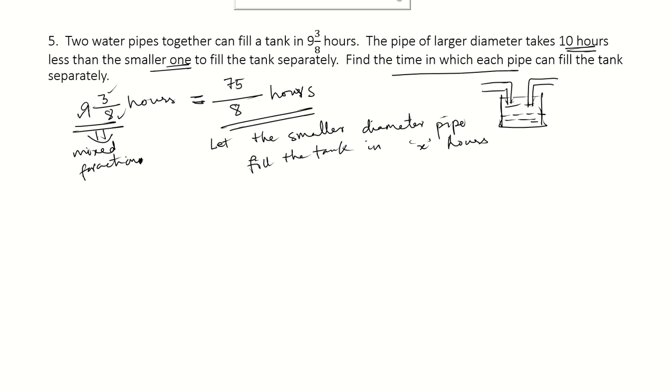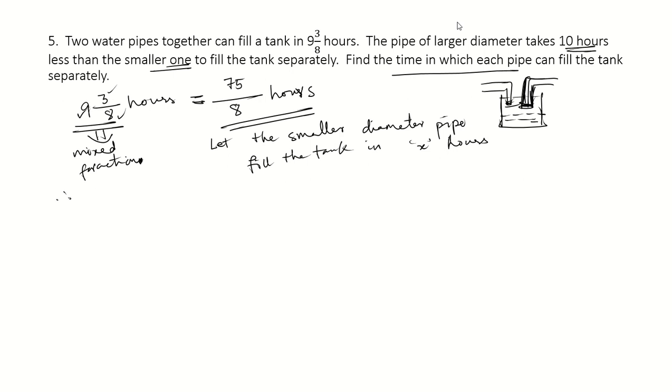It will take X minus 10 hours. Although it's given in the problem, it's common sense that if the diameter of the pipe is more, then it will take less hours to fill the tank. Suppose this is a bigger diameter pipe, it will take less time to fill the entire tank than a pipe with smaller diameter.